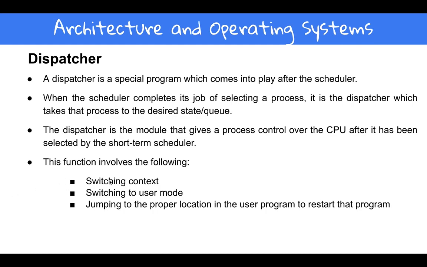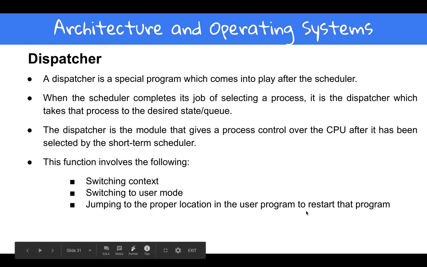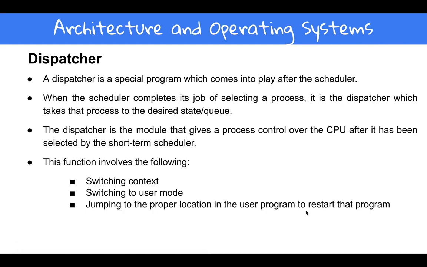We discussed context switching in the thread lecture, but that one is a function of the dispatcher. Switching to user mode, if you remember, we have user mode and kernel mode. I'll go back to that quickly. And giving the right place to the program: jump to the proper location in the user program to restart the program. So these are the main jobs of the dispatcher.